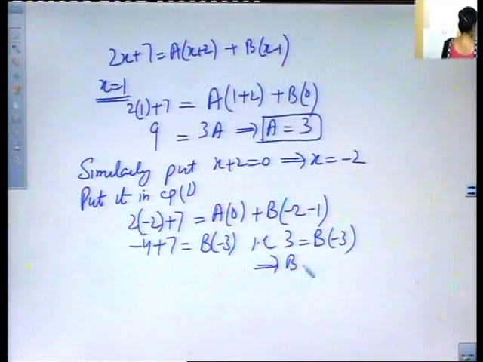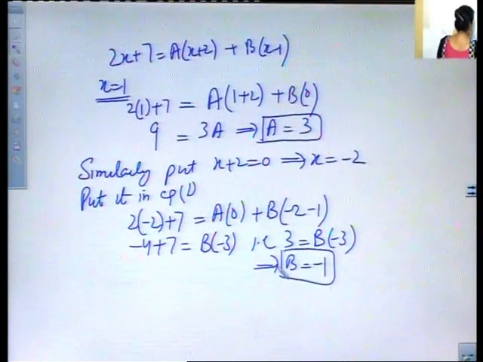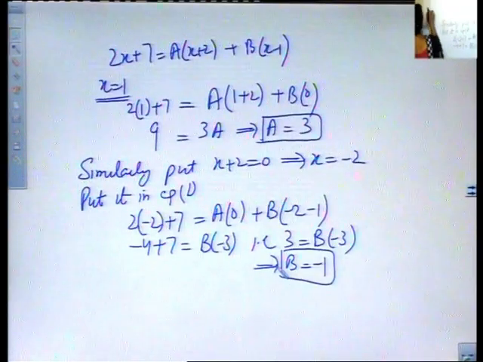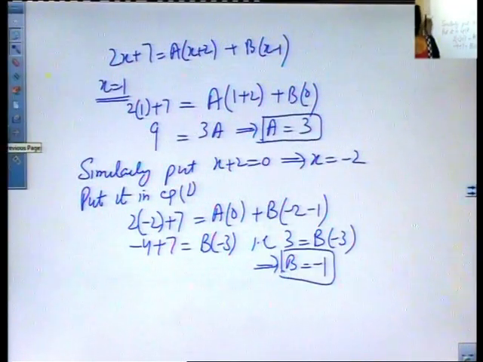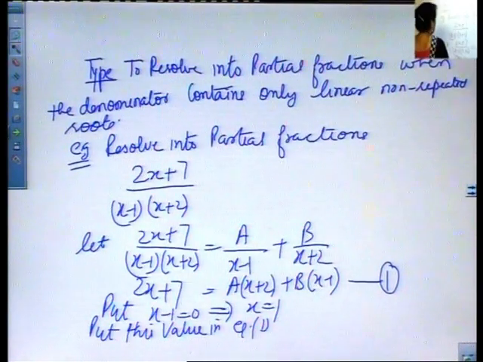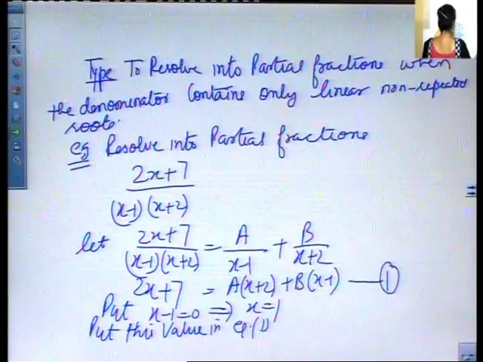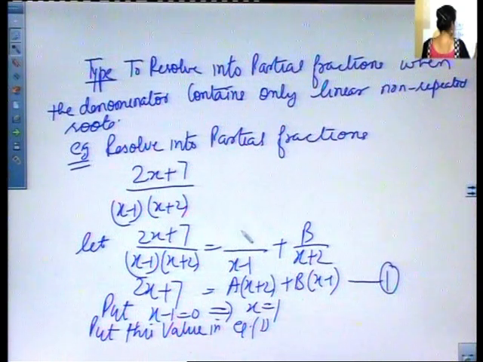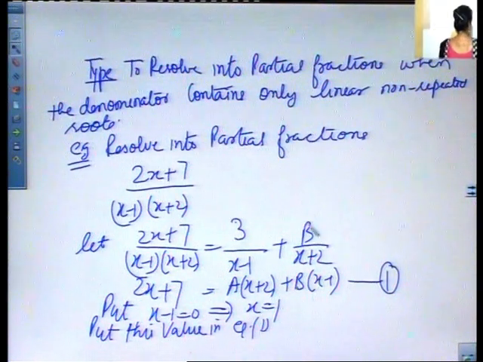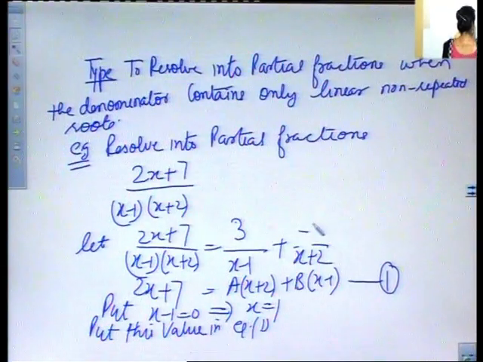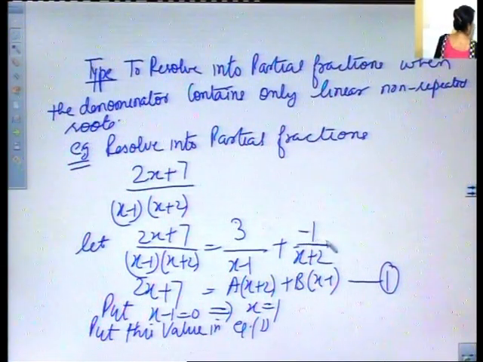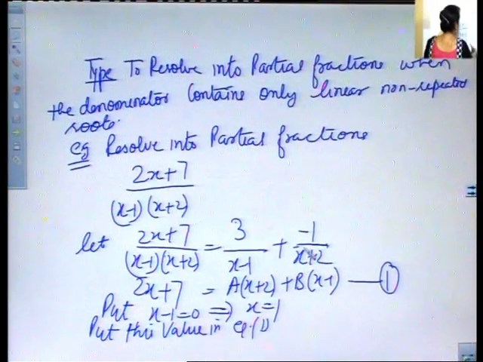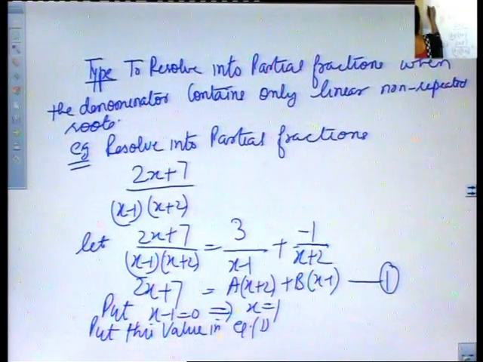This implies b is equal to minus 1. So in this expression we get a is equal to 3 and b is equal to minus 1. So we have resolved one fraction into two different fractions. So we will discuss another example.